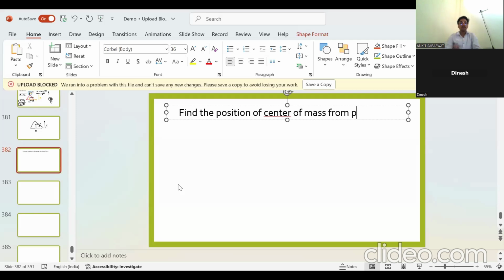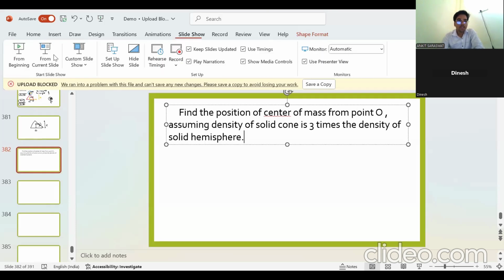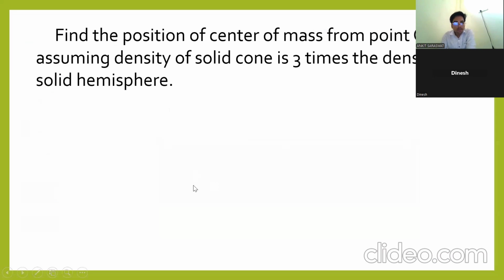I will draw the diagram. This time the diagram is a little bit different, so before solving, make sure to check all the things.